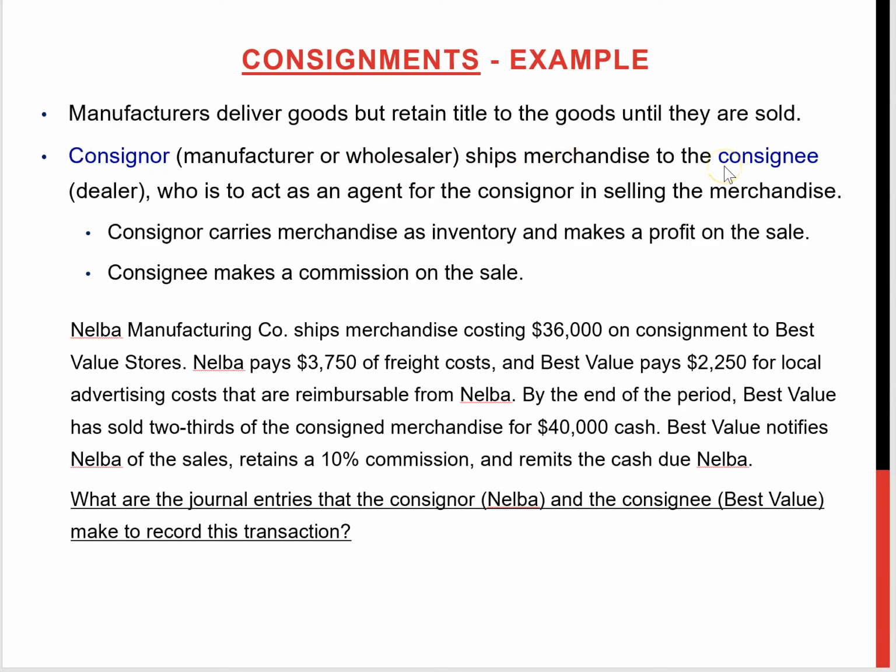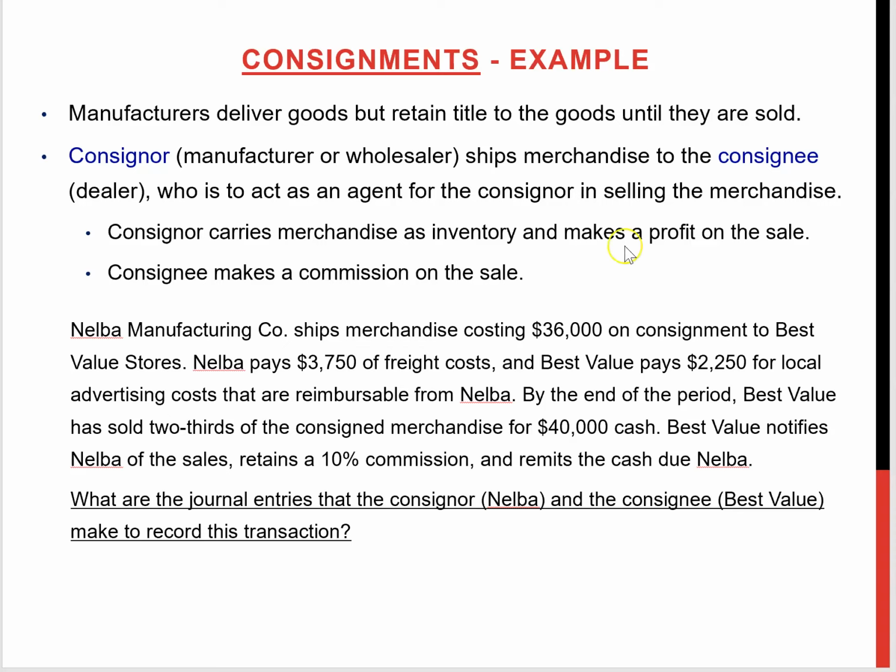They physically transfer the products to the consignee, who could be a dealer or agent, and who will sell the products to the customers. So here, remember, the consignor always retains the title or the control of the product. The consignee is receiving the physical product and selling it, but they are not getting the title or control.